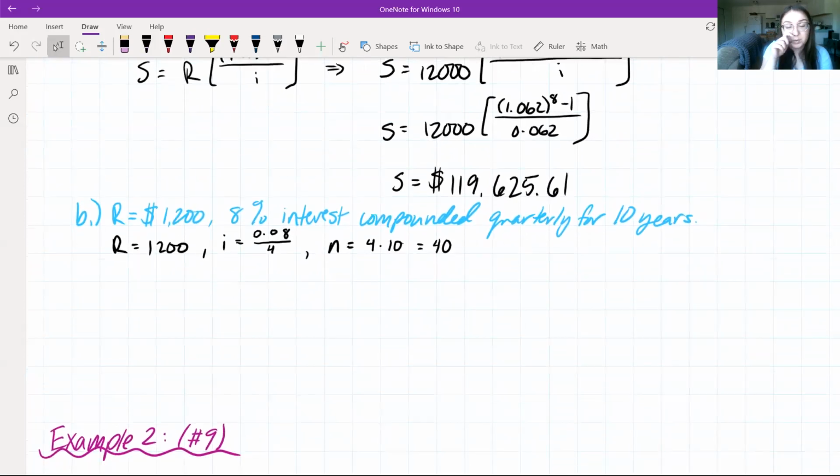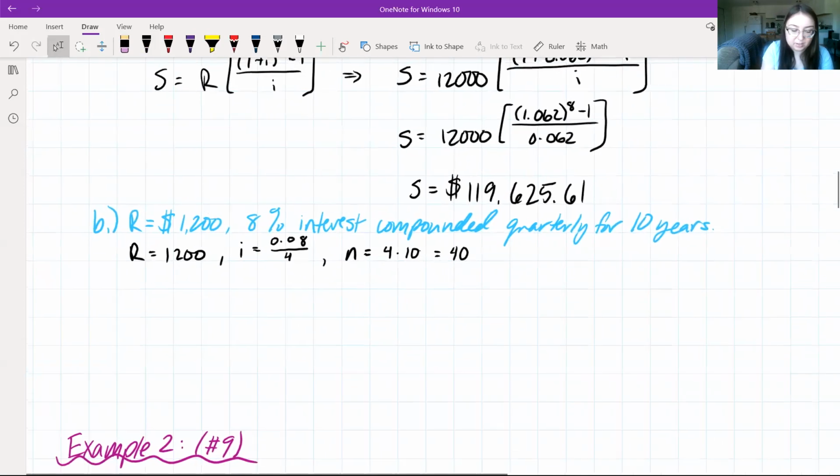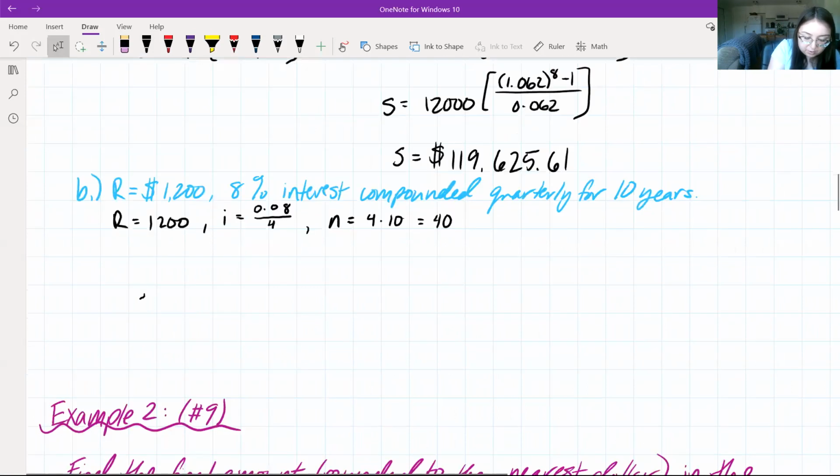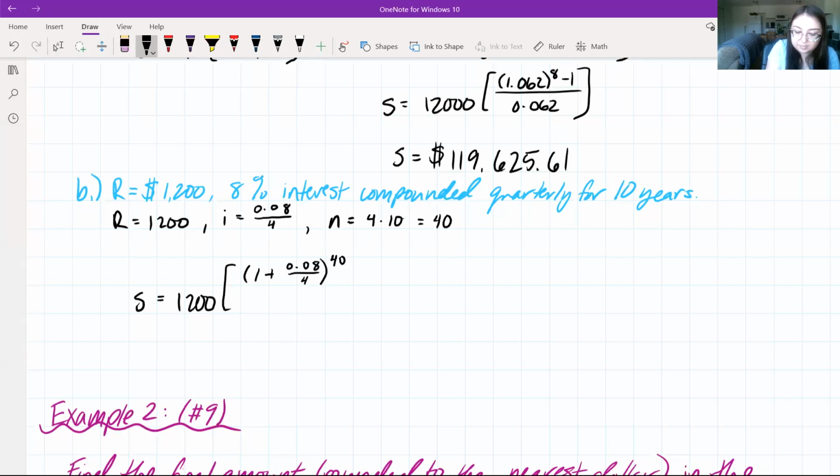All right, and now since we know the equation that we need to put everything in, we can just go ahead and put everything into our equation. We have S equal to 1,200 times 1 plus 0.08 divided by 4 to the 40 power minus 1, divided by 0.08 divided by 4.